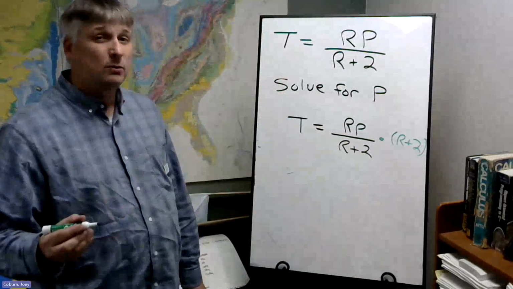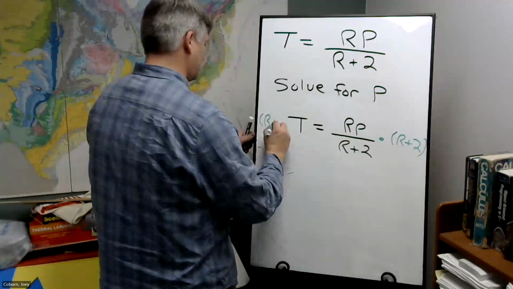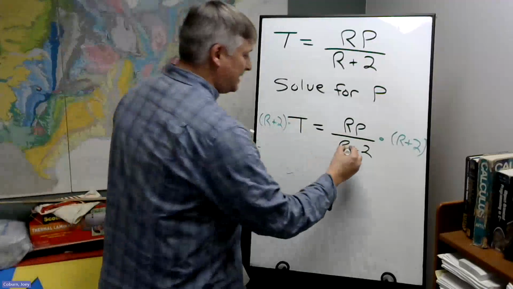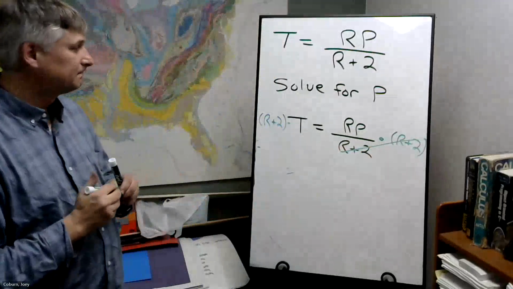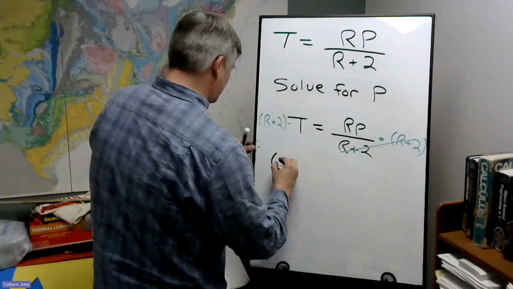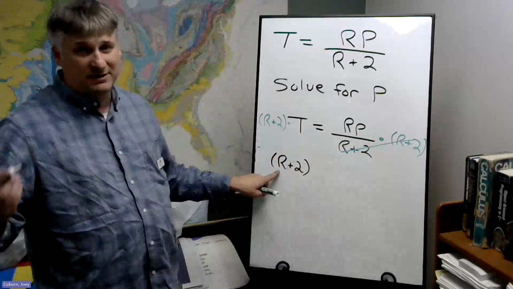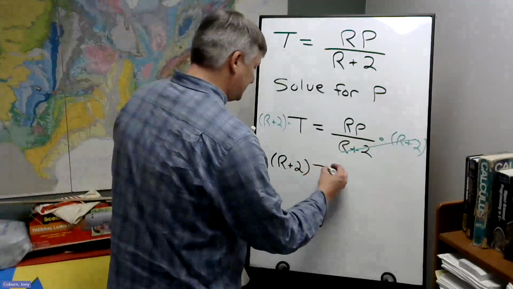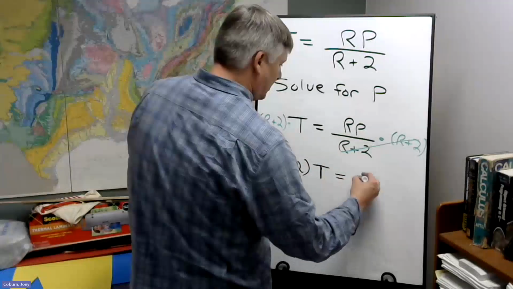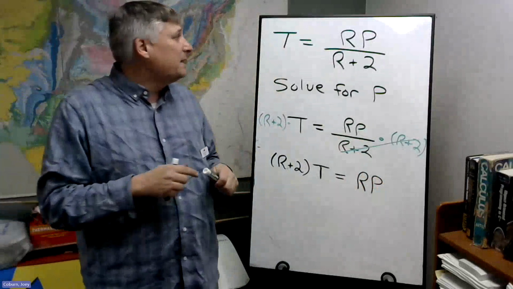But again, what we do to one side, we have to do to the other. So these cancel. So now what we've got here is r plus 2 in parentheses, and we don't know what this is going to turn into until someone tells us what r is. And we've got this t multiplied to the outside equal to r times p. Now we want to solve for p.